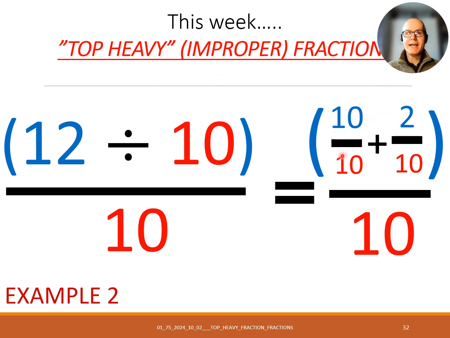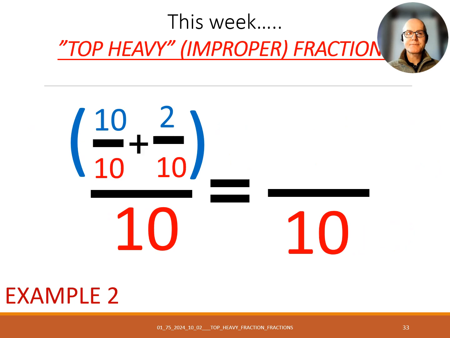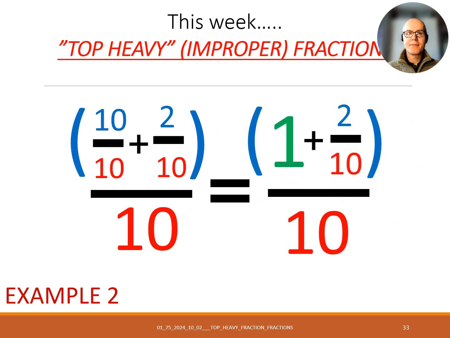So 10 over 10 plus 2 over 10. 1 whole with 2 tenths left over.